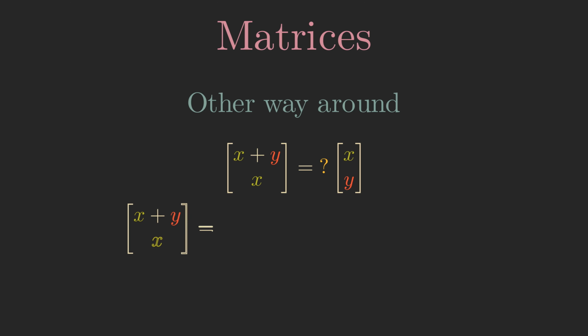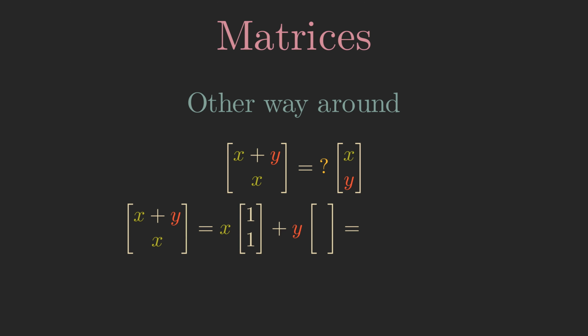X plus y, x can be expressed as the sum of two vectors. One vector is multiplied by x and the other is multiplied by y. To find these vectors, just think how many times does each variable appear in the top and in the bottom. For example, x appears once on the top and once on the bottom, so the vector will be 1, 1.